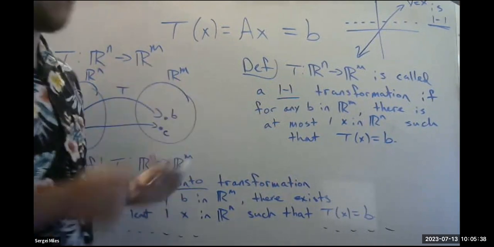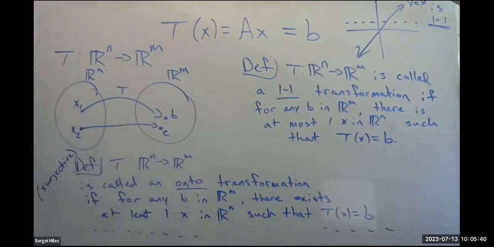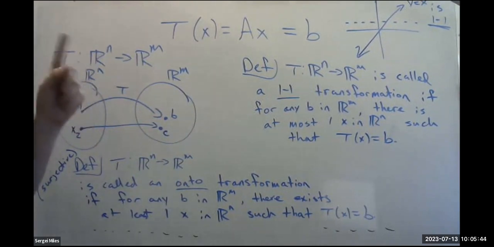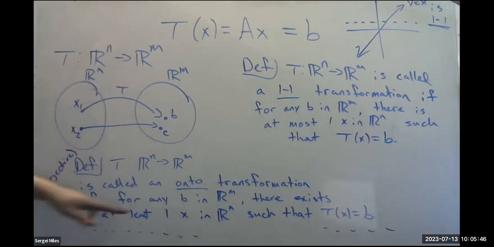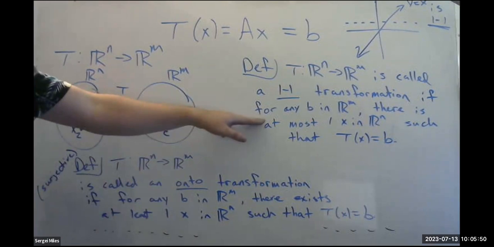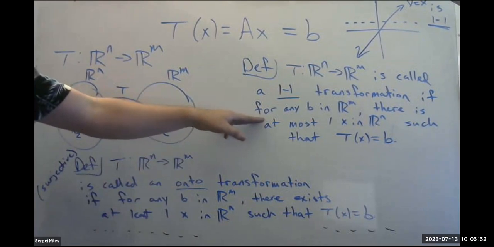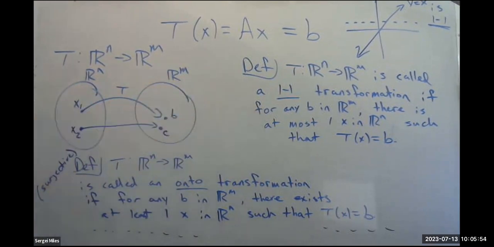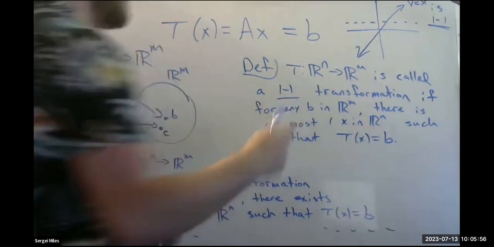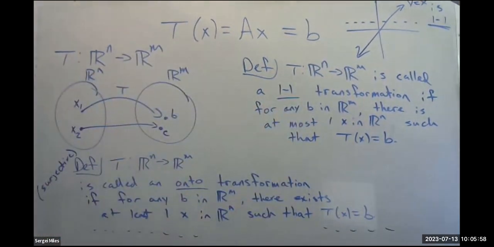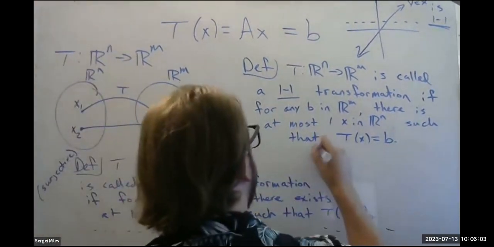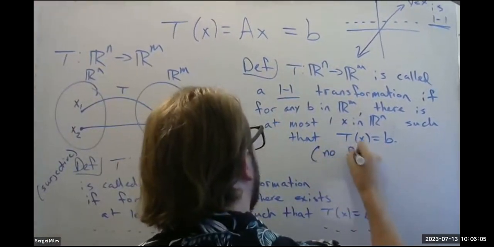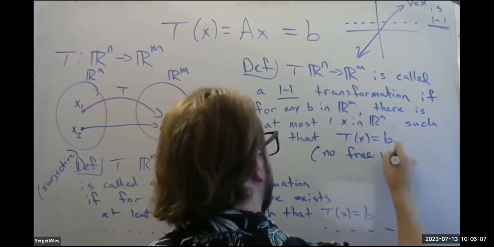For anything in the range, there is only one corresponding input. Now, because one-to-one never allows multiple solutions to occur, that means one-to-one is the same thing as saying no free variables.